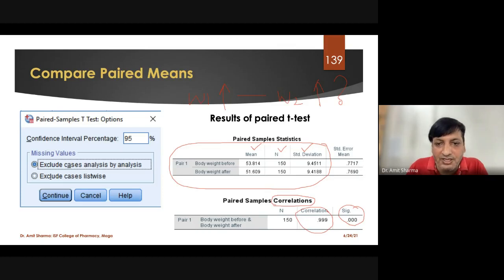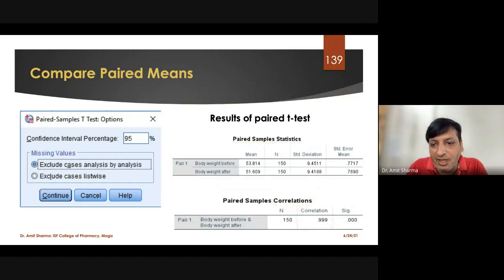Now, in correlation we have standards. A highly correlated value is one that is near or closer to 1. As you can see, we have got a value of 0.99, which is around 1.